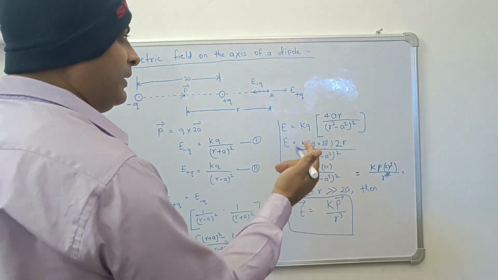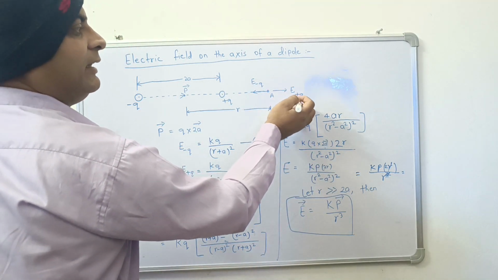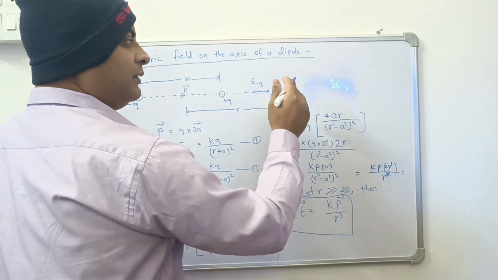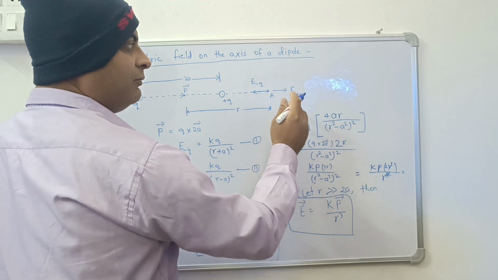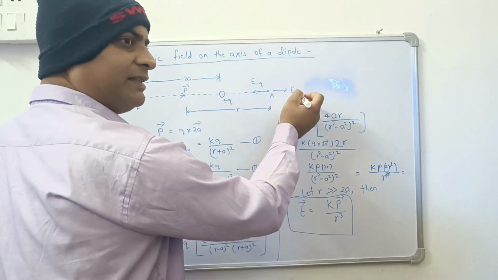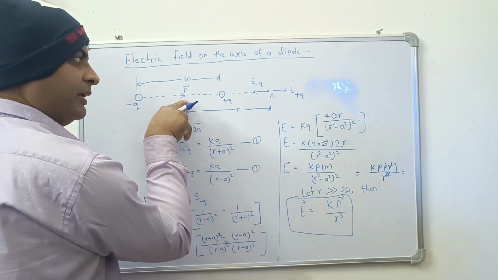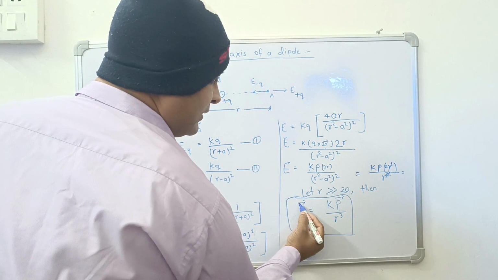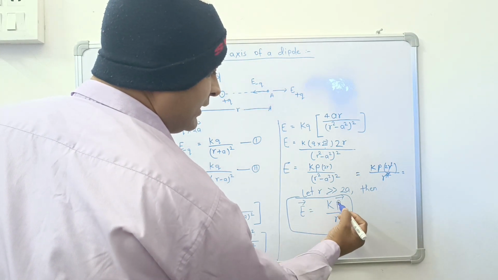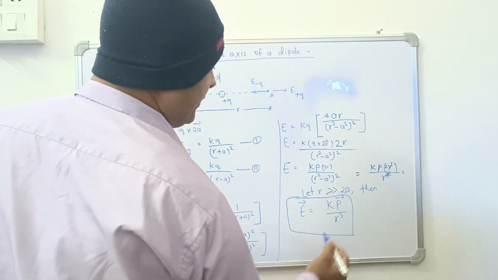So the direction of the net electric field is the direction of the plus Q field, which is the same as the direction of the electric dipole moment.